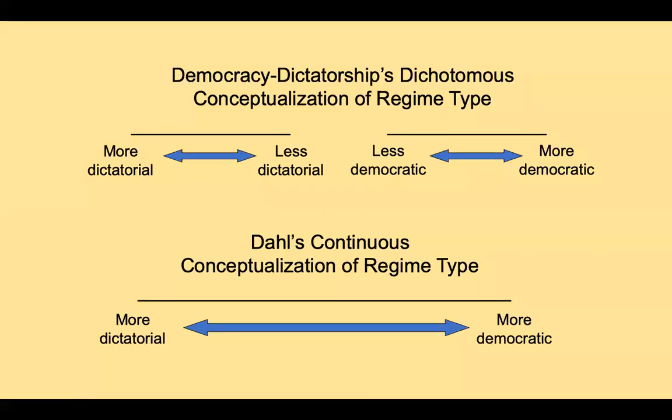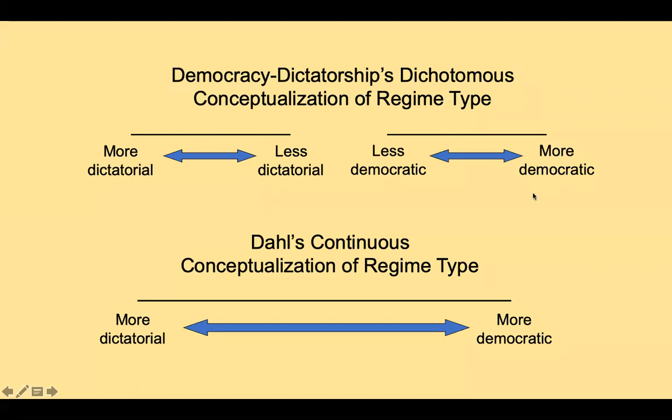And we can represent the difference in the following way. On the one hand, Dahl envisions this kind of continuum, this spectrum, if you will, where there might be many, many stages in between a full democracy and a full dictatorship. And that continuum takes on all different degrees or shades of democracy and dictatorship. And there may be many, many places in between those pure types on either end. The dichotomous conceptualization is very different.